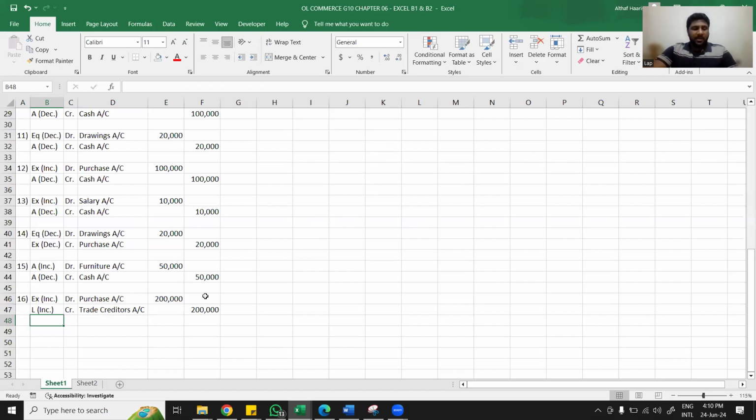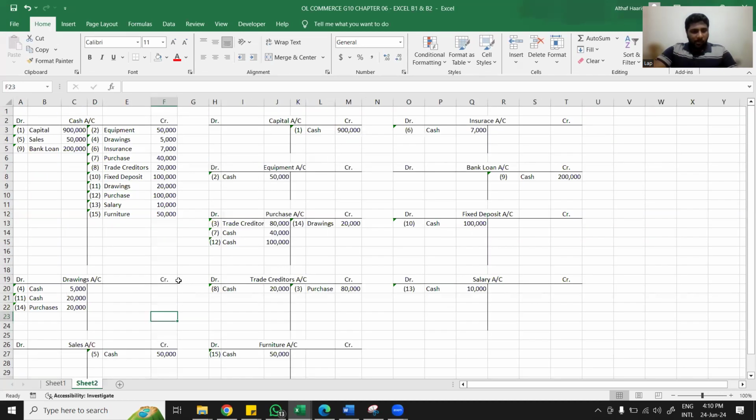Debit purchase, credit trade creditors. I don't have a trade creditors account. I have one account.